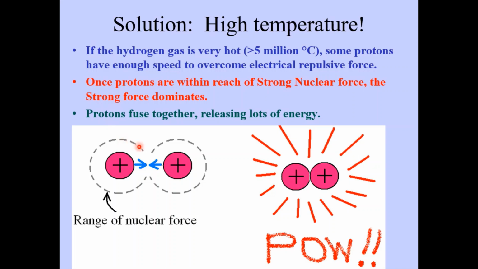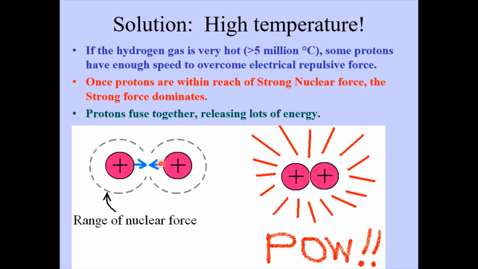So once the protons get close enough together like this, because remember they're flying towards each other at a really fast speed, then once these ranges of nuclear force overlap, these two protons now can feel each other, and the attraction here, due to the strong nuclear force, is 100 times more powerful than the electrostatic repulsion.